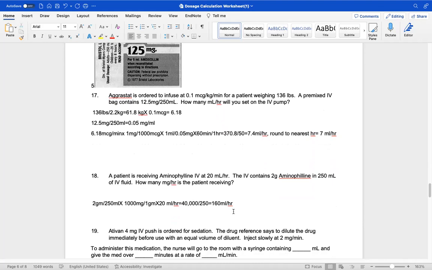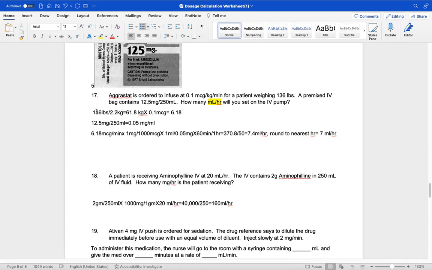How many mLs will you set the IV pump at? Okay, so we have to break this down into several different components. Make sure that you are doing all of the correct conversions to get this ordered dose to what it is asking for. First step we need to do is to figure out the weight.